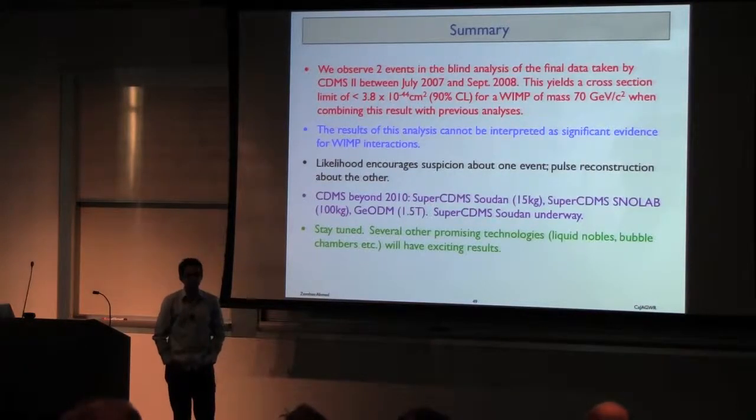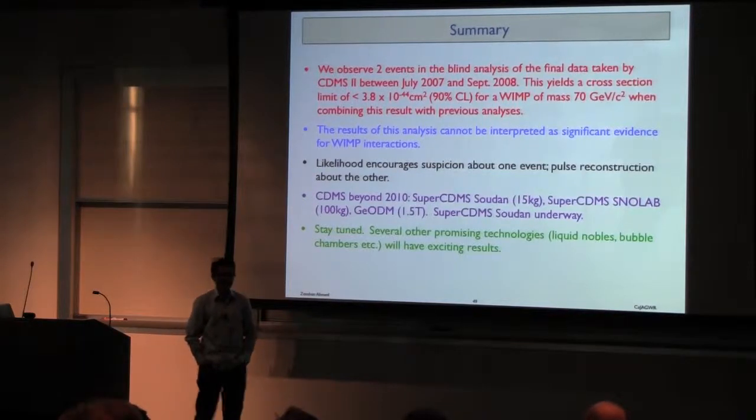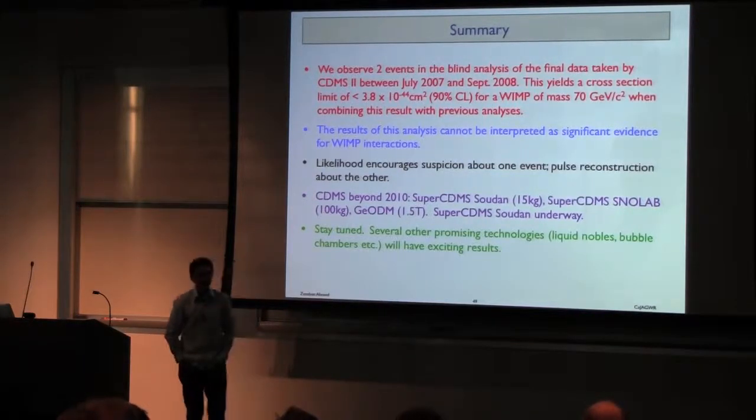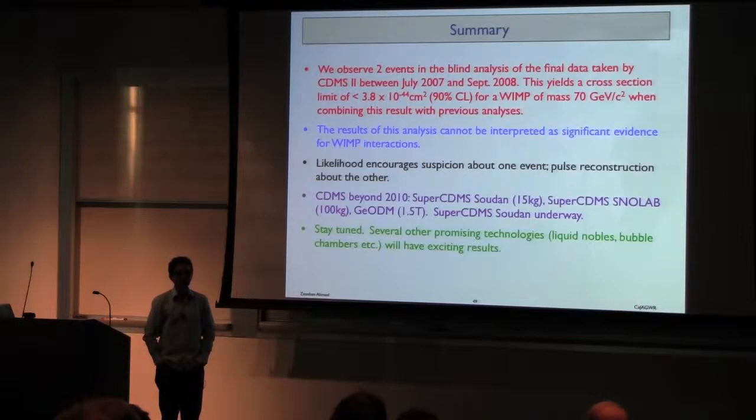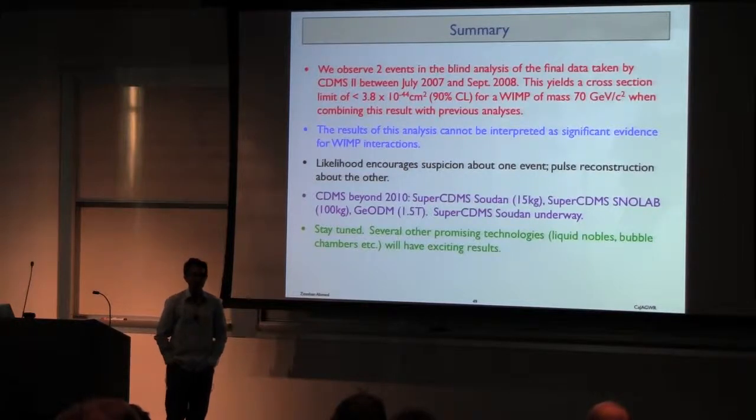And 5? 5 is probably also consistent with the null observation that we had in the past, but beyond that, we just screwed up. It was very, very unlikely that we would see that many events to begin with.